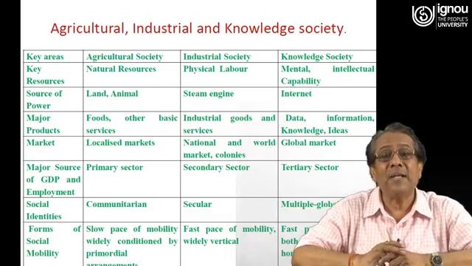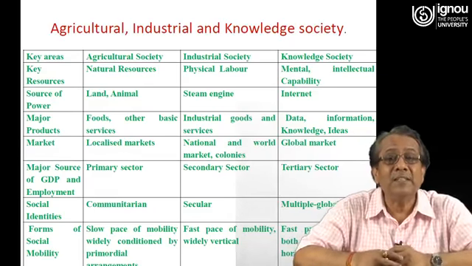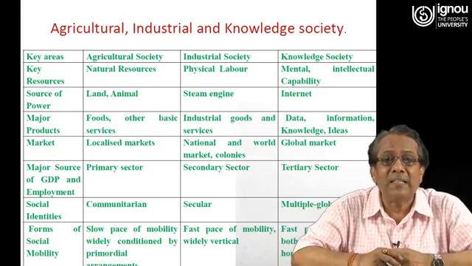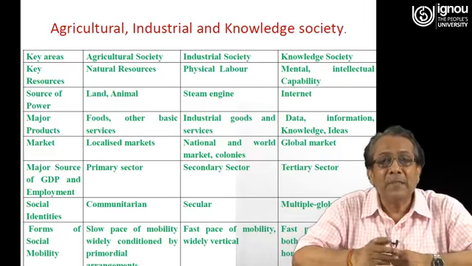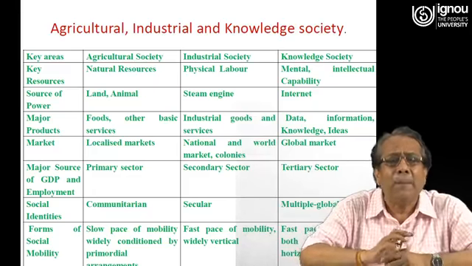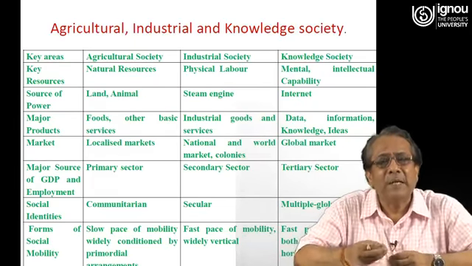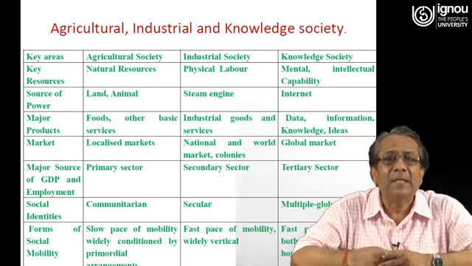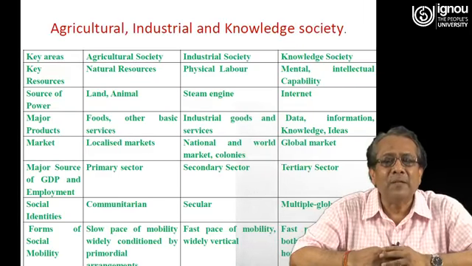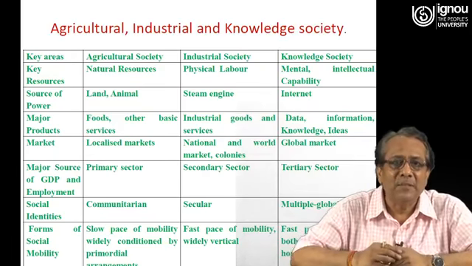In the knowledge society, we find multiple kinds of identities. Those identities are not localized or communitarian, they are global, and sometimes also local. So, it is a mix of varieties of identities that intersect, having at times a bit of a communitarian element, at times a secular element. But what is important is that all identities have a global kind of manifestation.